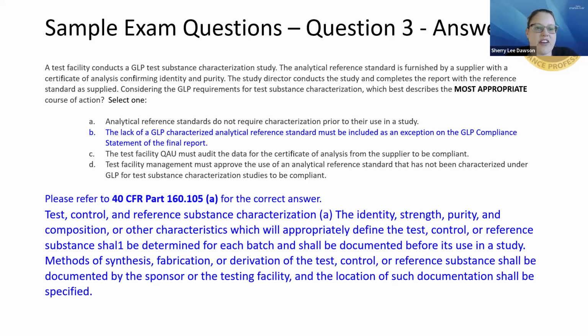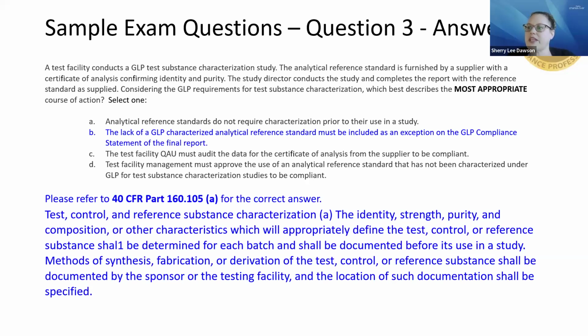Methods of synthesis, fabrication, or derivation of the test, control, or reference substances shall be documented by the sponsor or the testing facility, and the location of such documentation shall be specified. So characterization, yes, absolutely. Thank you, Ashton.